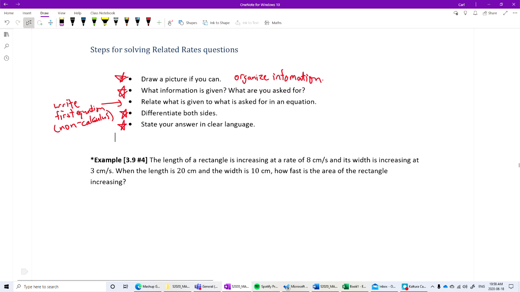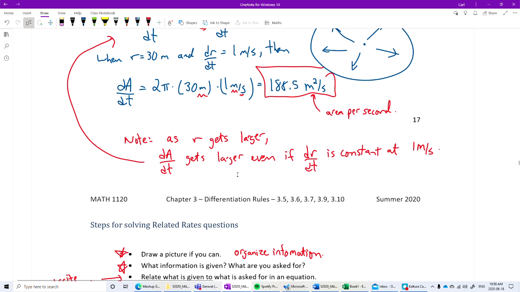These are always word problems. So I didn't do that here. Maybe I should actually follow my own advice, right? So I should say the area is then growing at 188.5 meters squared per second. There, so that's my final answer.